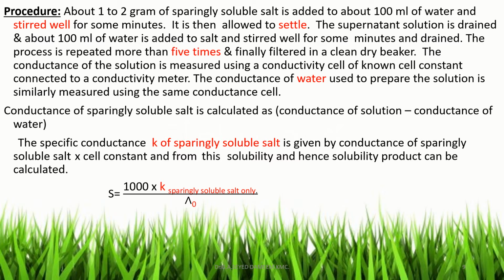The conductance of the sparingly soluble salt alone is calculated by subtracting the conductance of water from the conductance of the salt solution, and the specific conductance is calculated by multiplying the conductance with the cell constant.